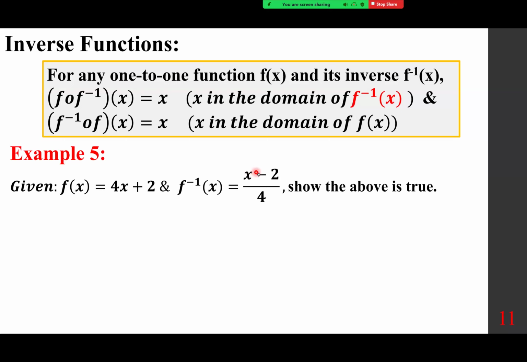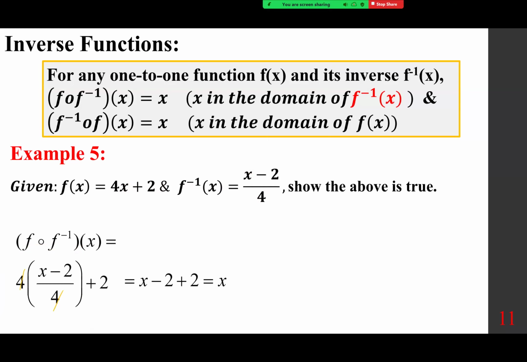So let's look at f of f inverse of x, which means replace the x with f inverse. That's the meaning of f of f inverse. As you can see, these two cancel each other. We get x minus 2 plus 2, which is x.